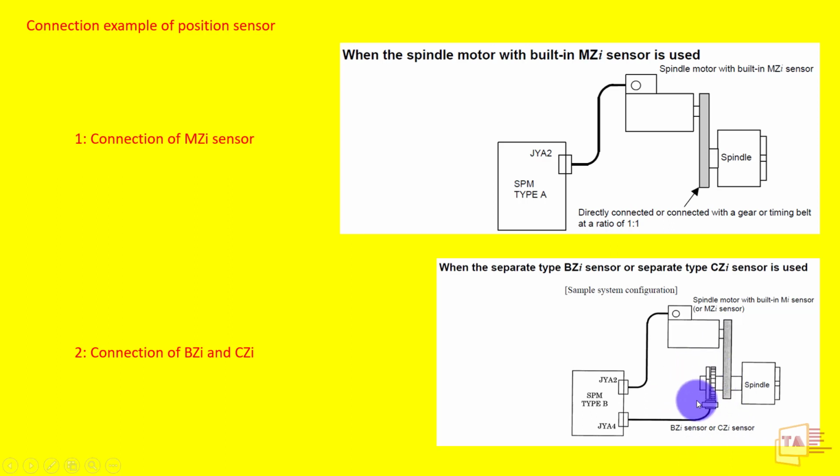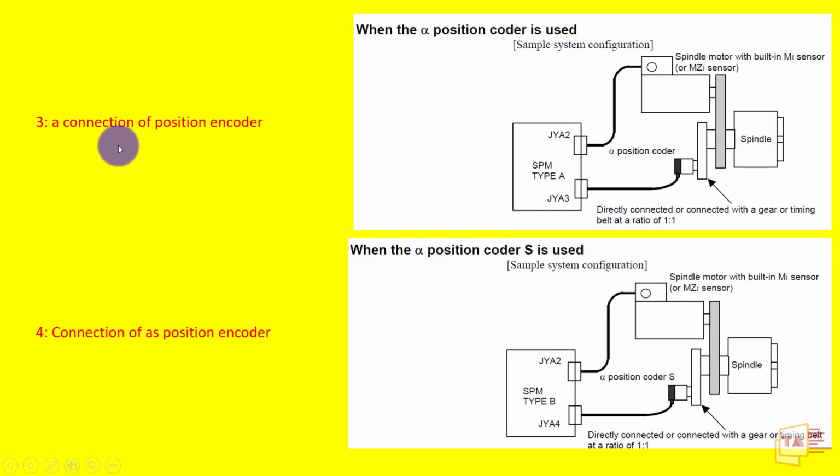And next one is the connection of the position encoder. When the alpha position coder is used, this is SPM type A. In type A, we will connect this position coder into the JYA3 connector.